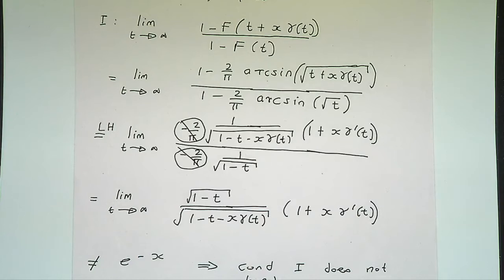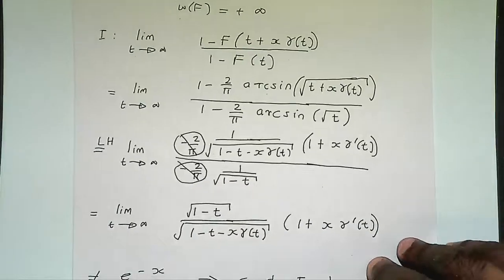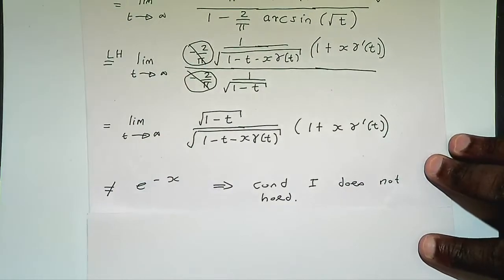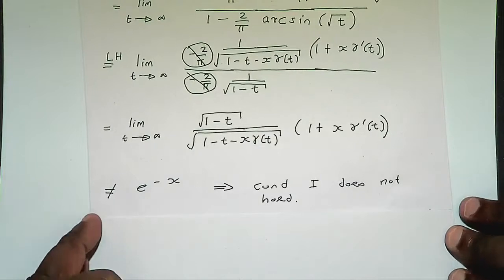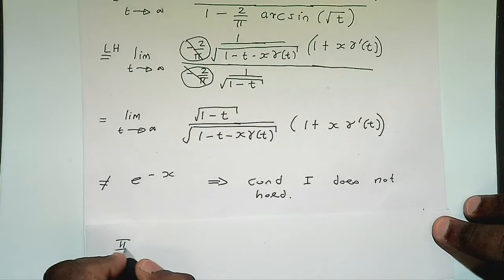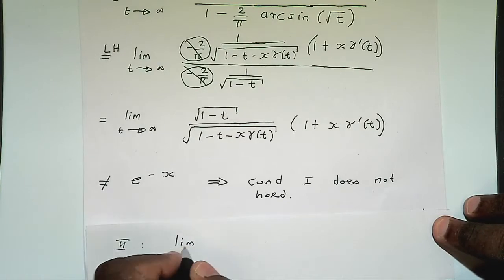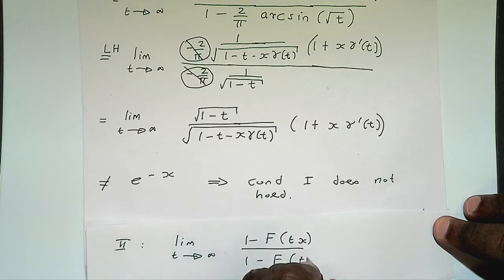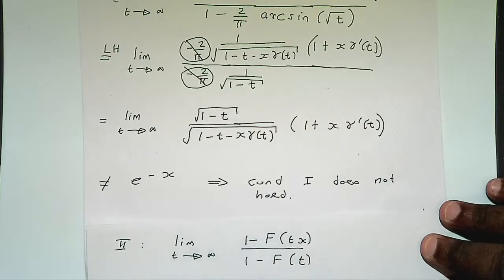Condition 2, I'm sure you know what it is. So let's go to condition 2, which is about checking the limit as t goes to infinity of 1 minus f. You remember this, yeah?